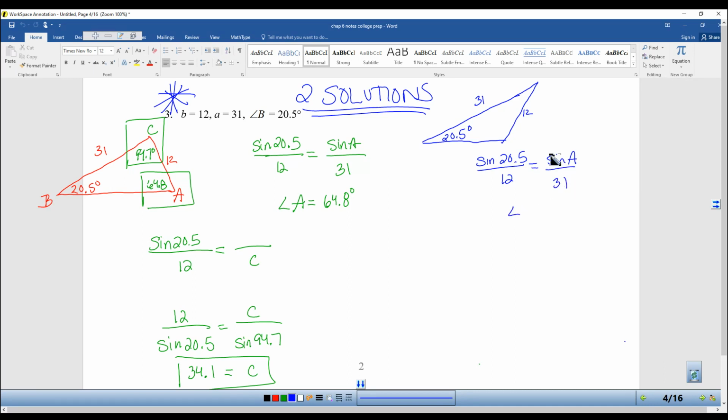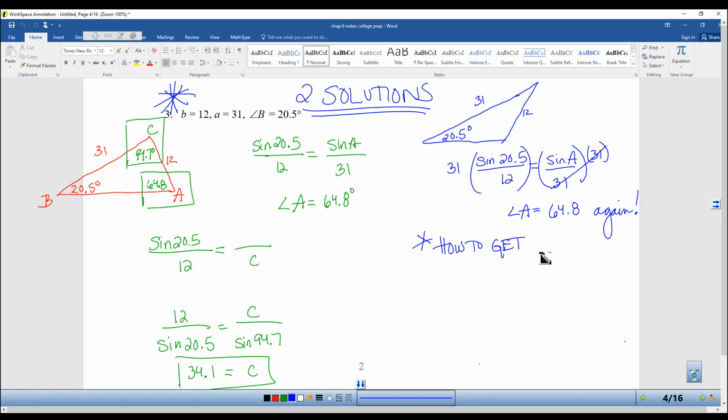You go to do the math, you multiply both sides by 31. And then after you get this number, you use your inverse sine of A to get angle A, and you get 64.8 again. Of course you got it again. You did the exact same math. Okay, so I'm going to explain how to get the other angle A in 2 different ways.